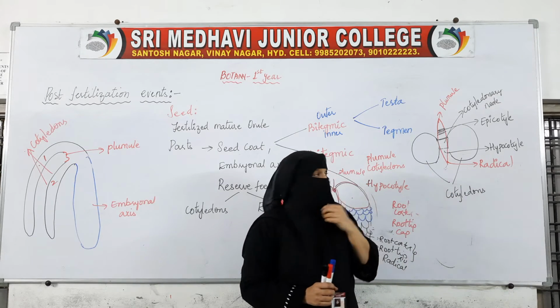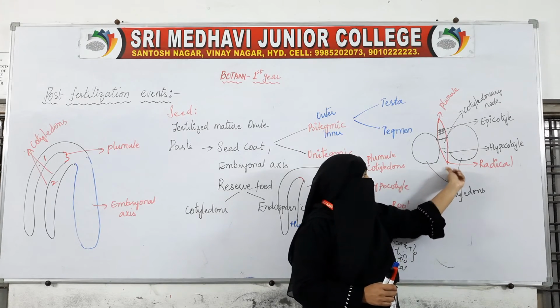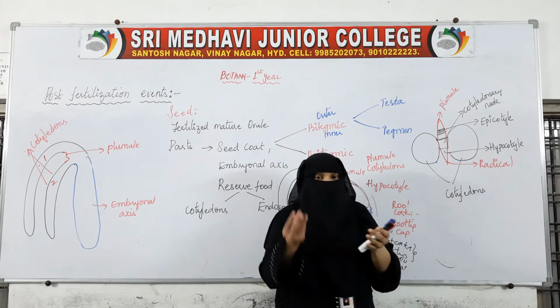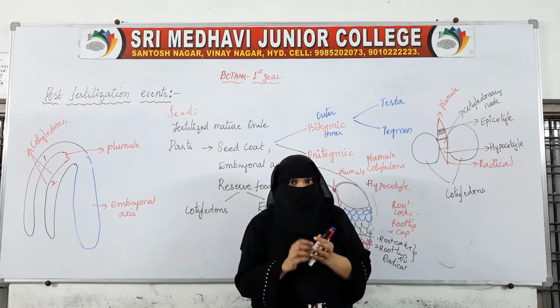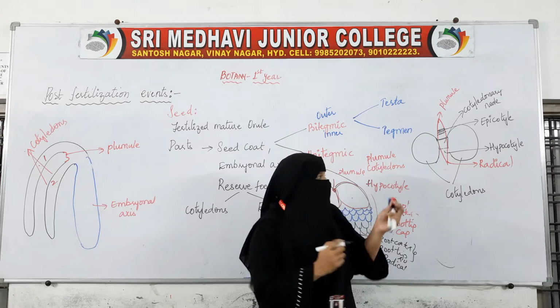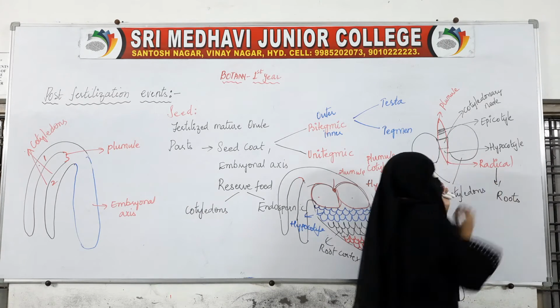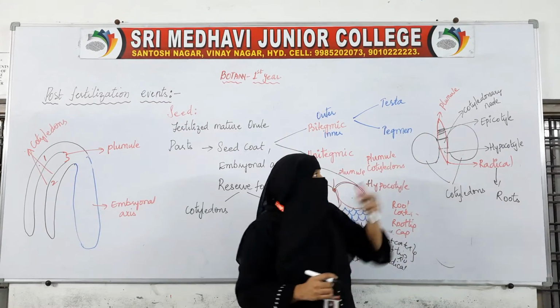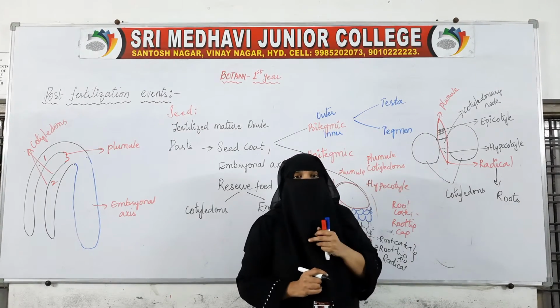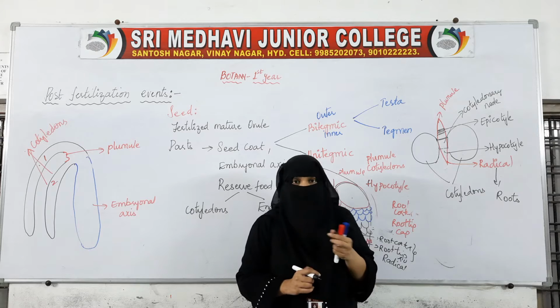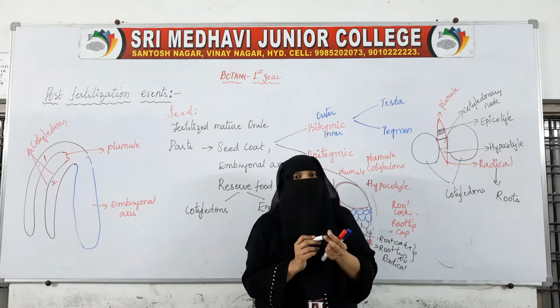Below the hypocotyl, that small part is called the radicle. So when you sow the seed inside the soil, from this radicle arise the roots, and from the plumule arises the shoot.